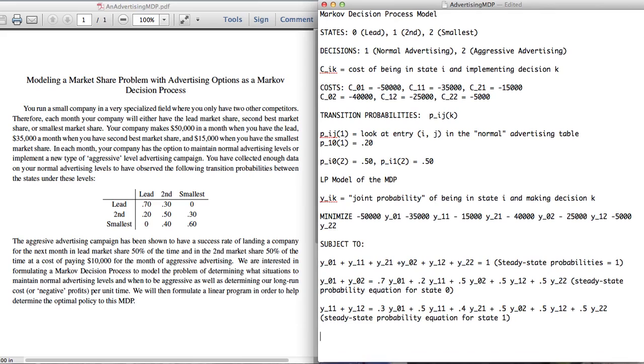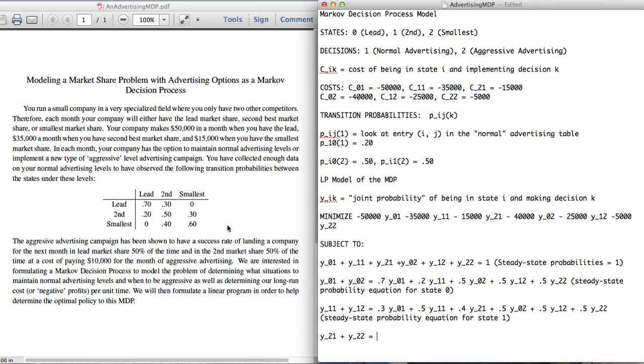And then we also need a steady state probability equation for state 2. So we have Y21 plus Y22. And then we need to look at all the ways we can end up in the smallest market share, state 2. If I implement aggressive advertising, I can't end up in that state, so we don't have any terms with decision 2 ending up in state 2.